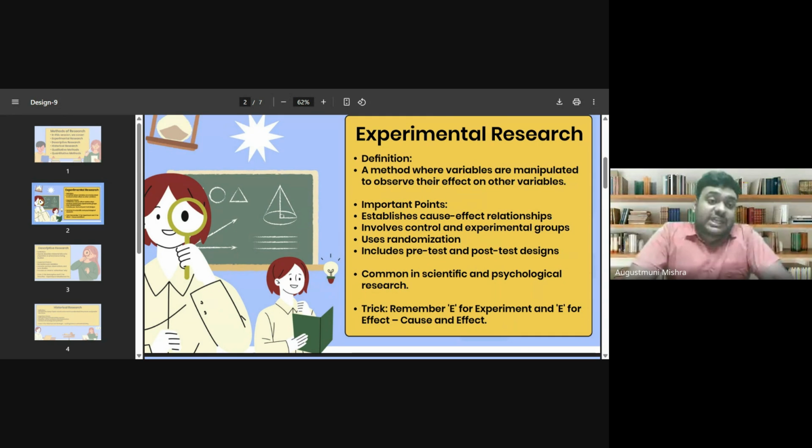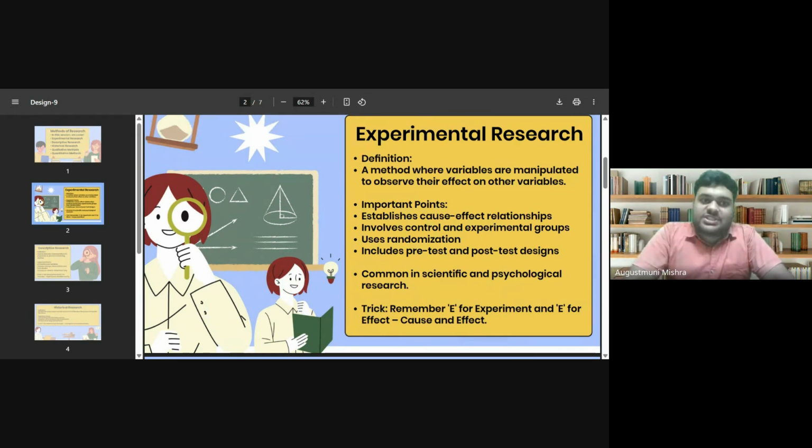Whatever things were helpful during that period, people used each and every one as an experiment. So when we say experimental research, we always perform it, not on a large scale, but in our regular life.